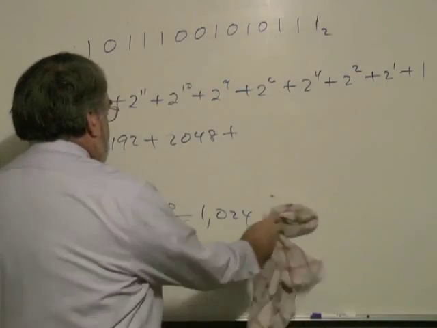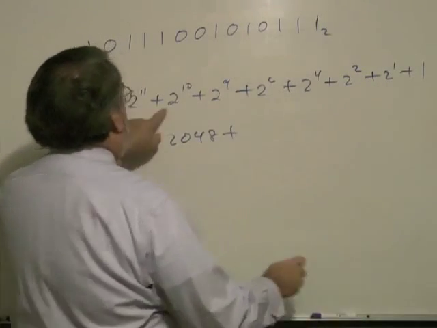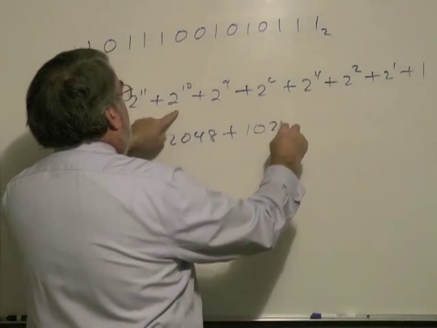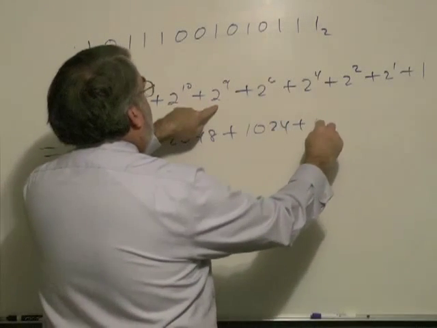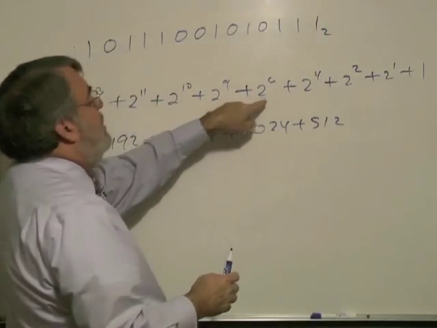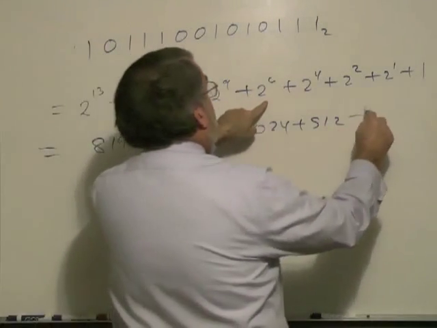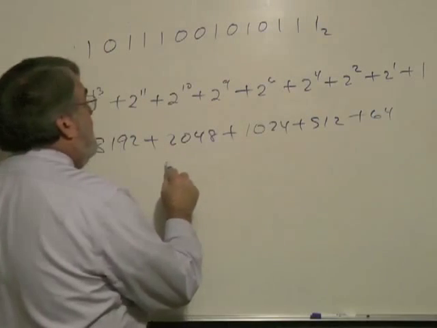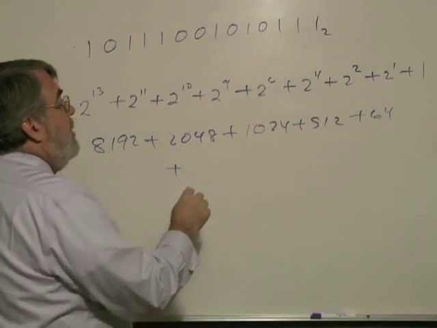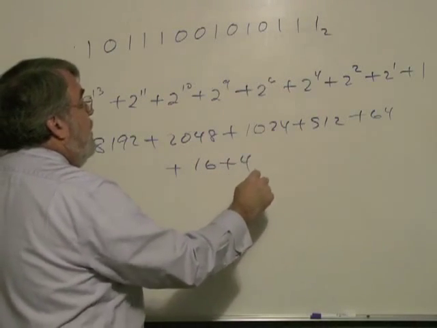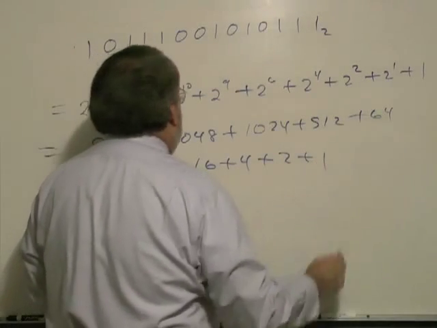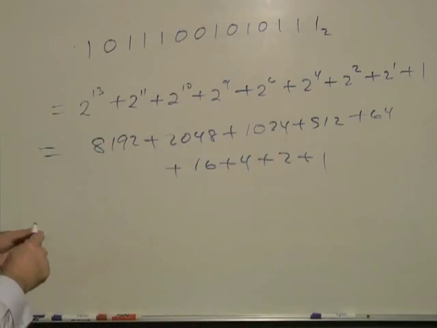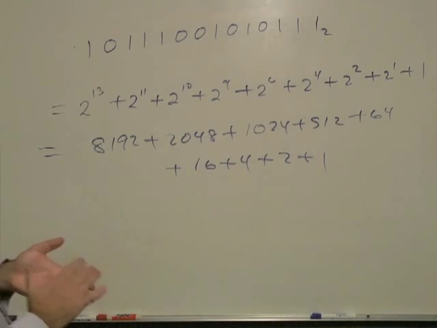So where am I up to here? 2,048 plus 1,024, 512, 2 to the 6th, I recall, is 64, and then 2 to the 4th is 16, 2 squared is 4, plus 2 plus 1. So, hope I got that right. I believe I do.